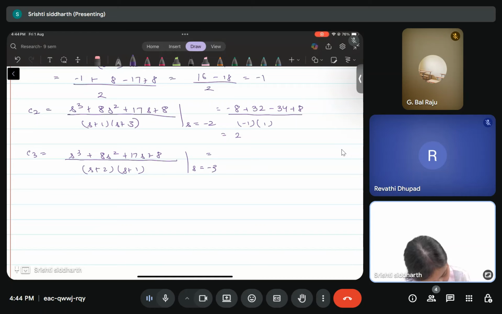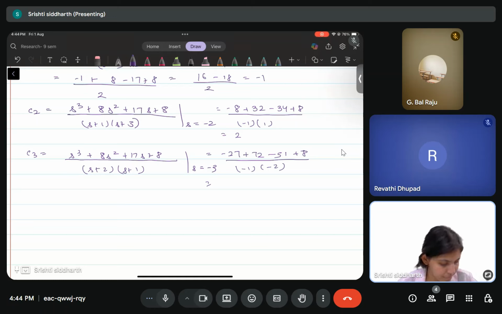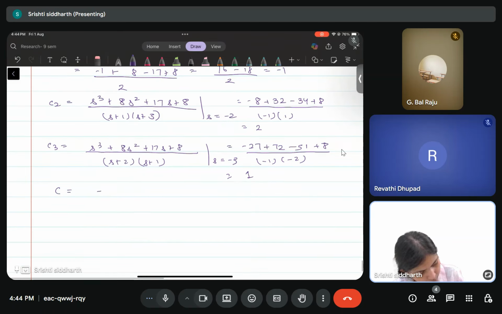This is going to be, so you can check, and this is 1. So C is simply minus 1, 2, and 1.